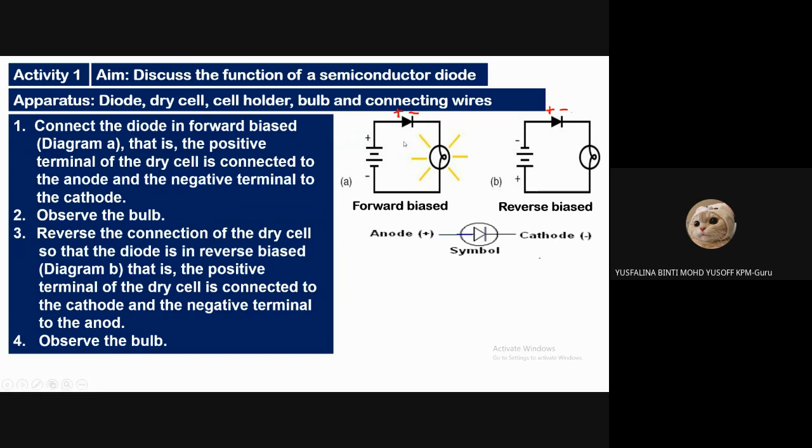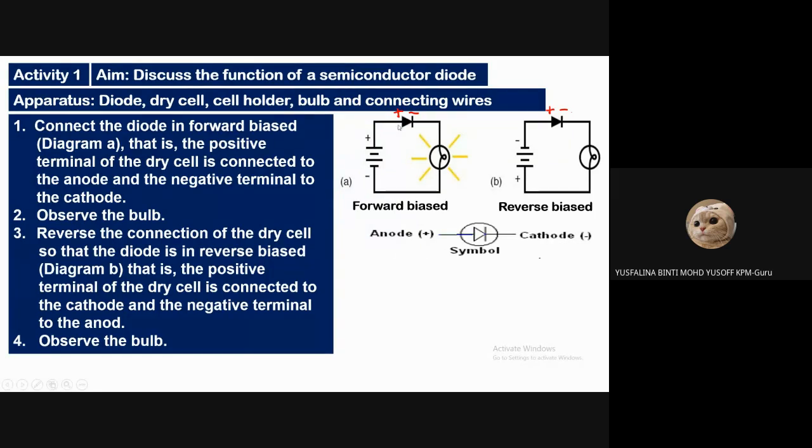So positive to positive will be forward bias. Forward bias means the current can flow through the circuit and it will be complete. Remember, in order for the bulb to light up, the current must be complete, from the positive to the negative until the end of it.